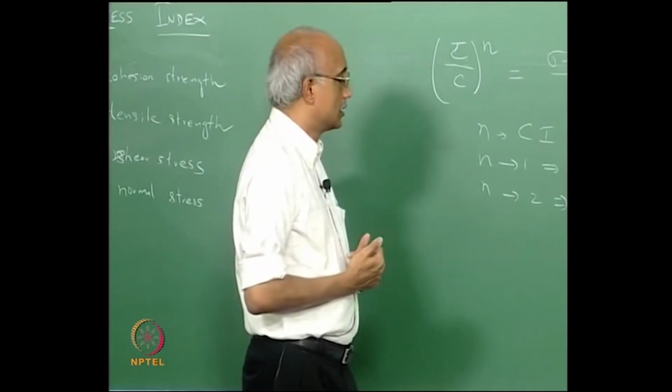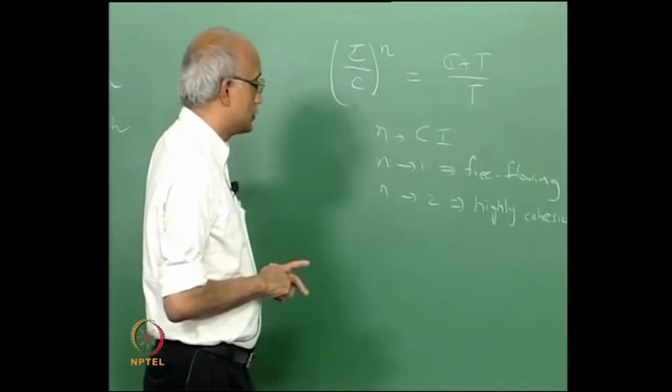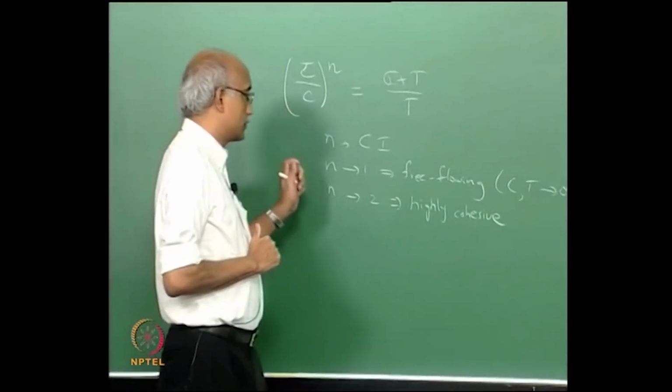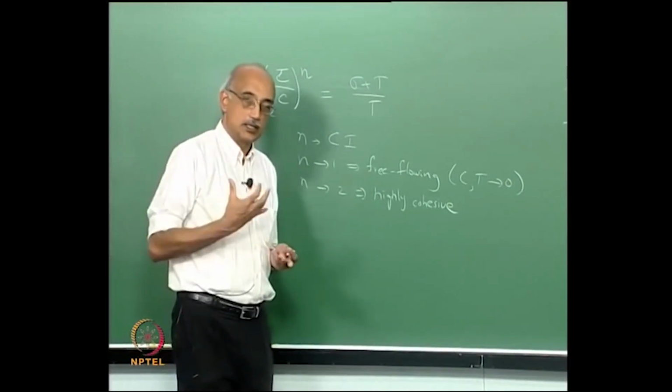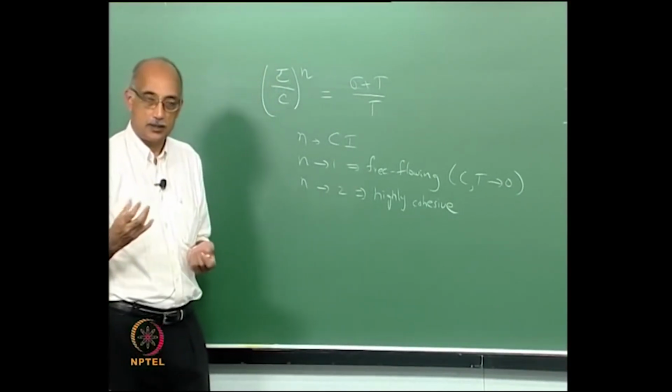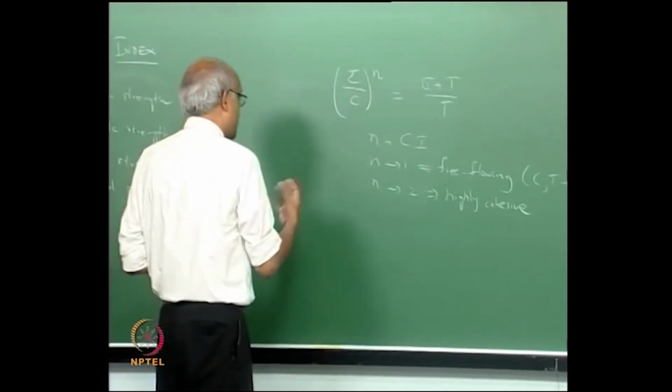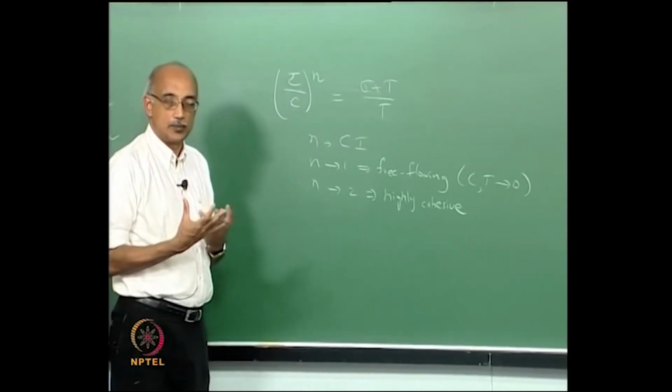In the case where n tends to 2, the compressive or the cohesive strength of the material is significantly greater than the forces that are being applied to break the tablet apart.